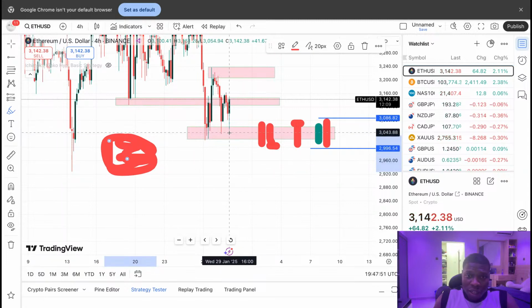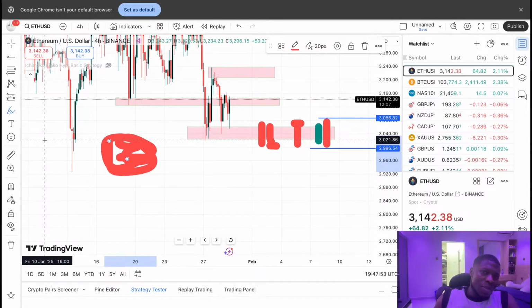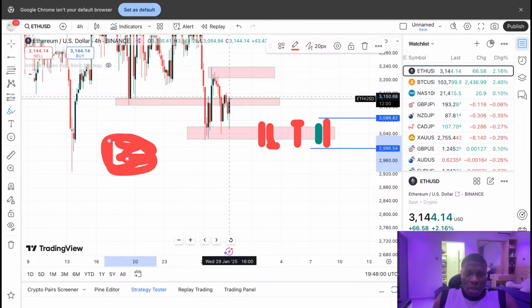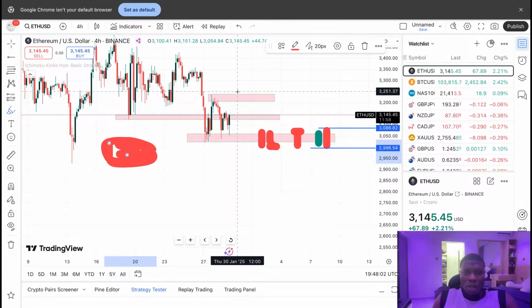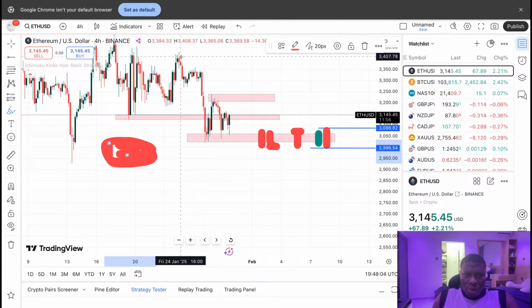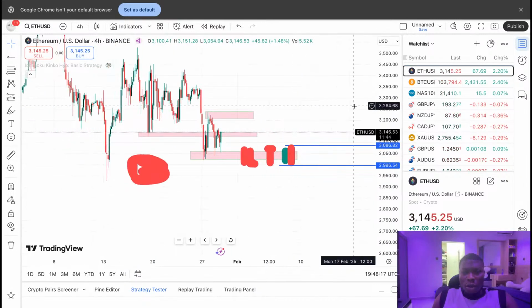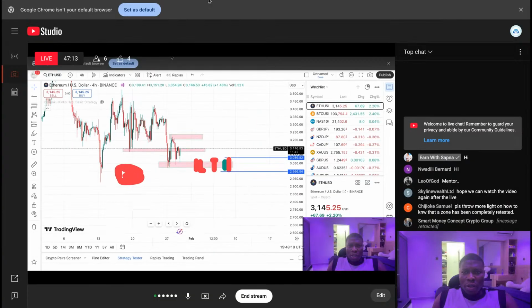But because this is very close, taking this trade might be a bit difficult, because this region is very, very close to this place. Assuming you take out this, then we should be targeting the next zone, though here again it's very close. I don't know if I made my explanation clear. If there is any further question, please indicate in the comment section.